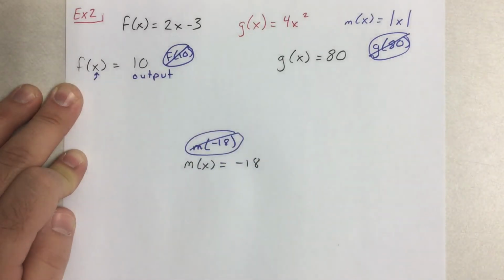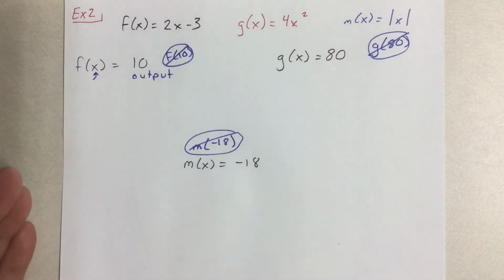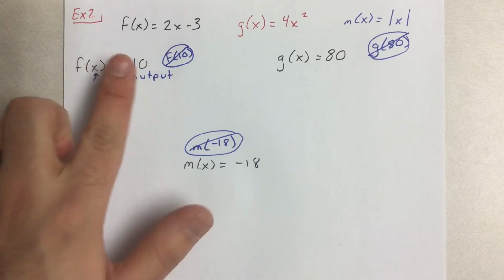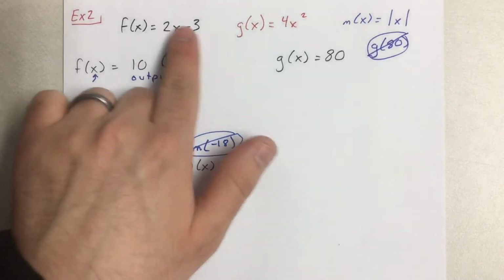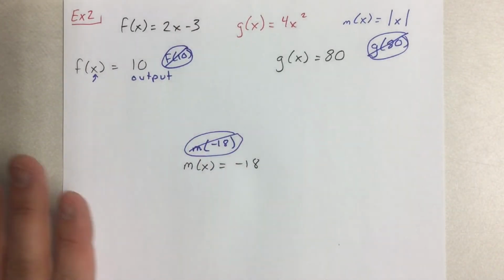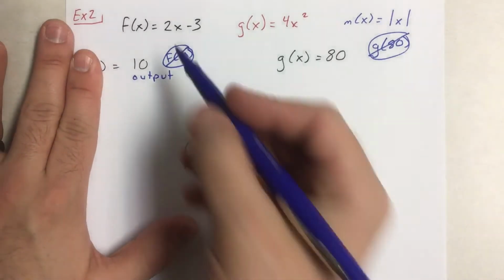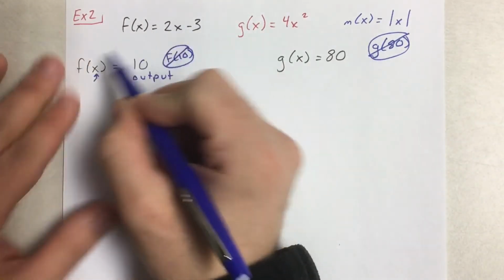So you know how I said some students want to place a number on the left side and then solve for x? Here we do that. So what you can do really, you could put 10 equals 2x minus 3, but I recommend to replace this f of x with what it is. I'm going to substitute it down here.